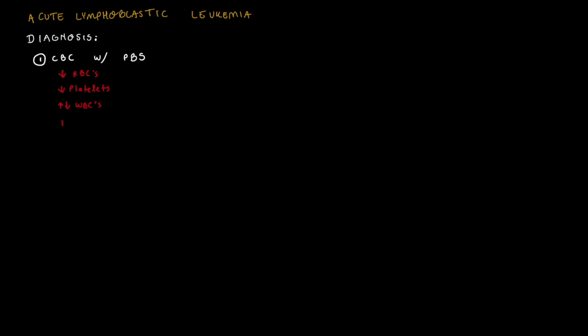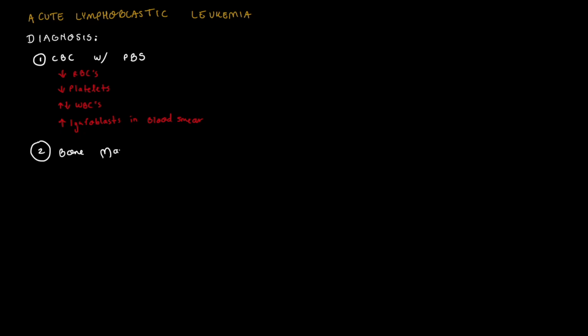Okay, so how are we going to diagnose acute lymphoblastic leukemia? First, we can start by asking for a complete blood count, where we are going to see a decrease in red blood cells, a decrease in platelets. White blood cells can be either low or high, right?